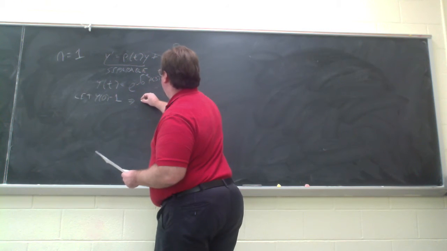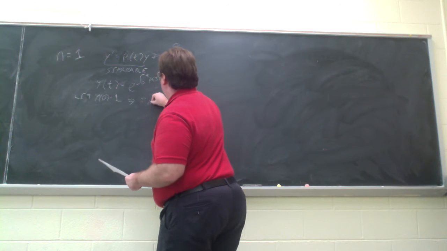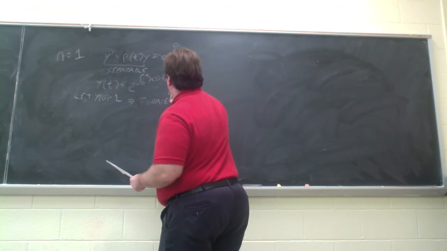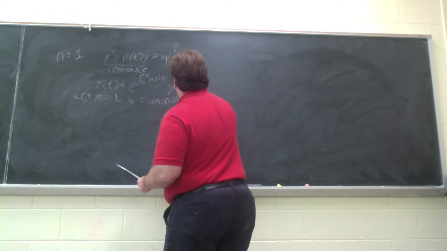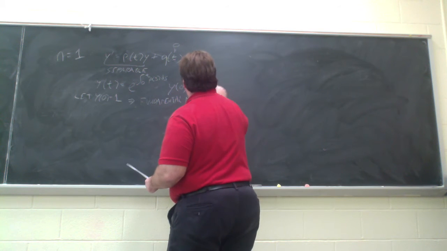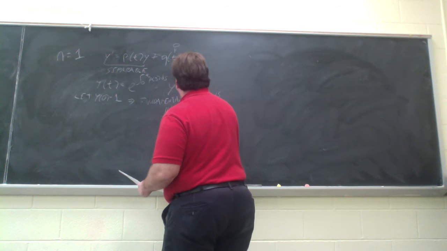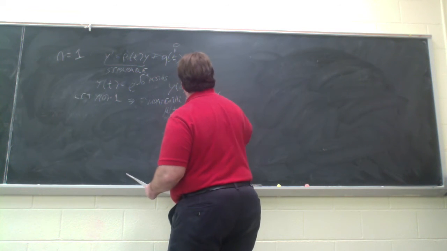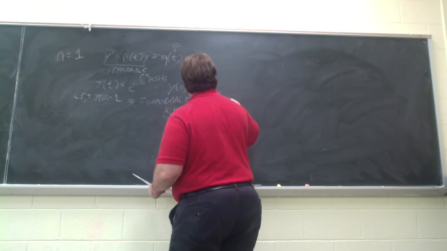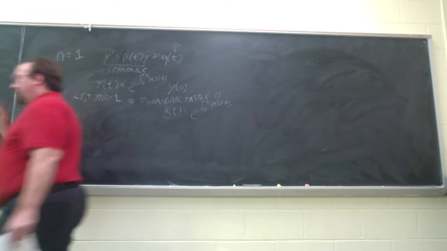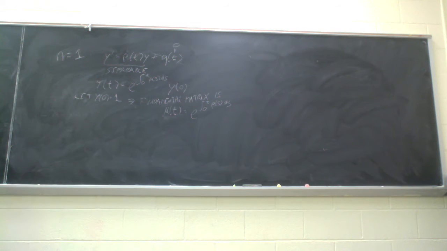So what that means is the fundamental matrix is, I'll just call it mu of t, is this exponential of this integral. So now in this one-dimensional case, we can think of it as a fundamental function or a fundamental matrix.